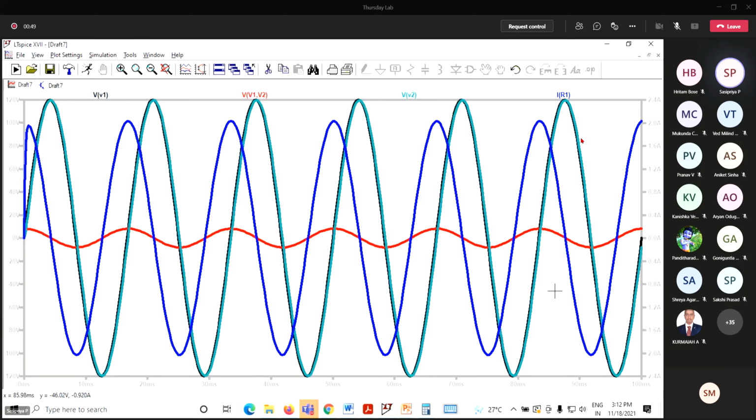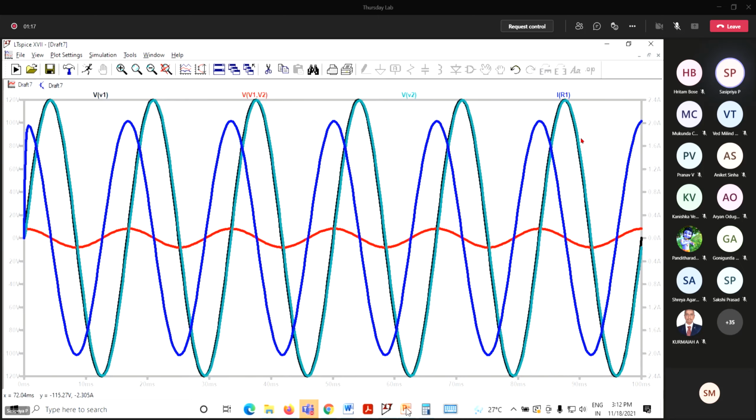So for all these three circuits, you have to have the theoretical calculation and the simulated waveforms. And then as usual, you have to have a tabular column comparing the theoretical current and simulated current, theoretical phase difference and simulated phase difference, and then draw the phasor diagram for all the three circuits.